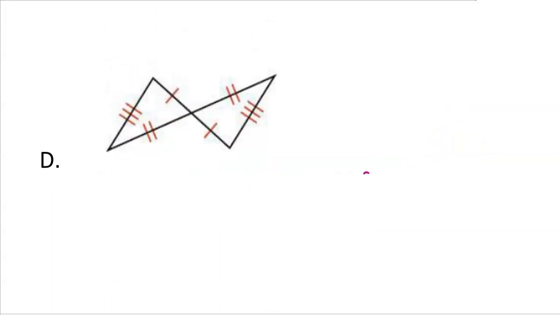If we go with what is marked, what is it? Yeah, so when you're doing these, always go with the things that are marked first and then kind of do some investigating after that. So we're going to do side, side, side. And if you look at this one, you can't just reflect it over. You actually have to kind of spin it, like turn it. If you turn it counterclockwise about 180 degrees, you'll have it.